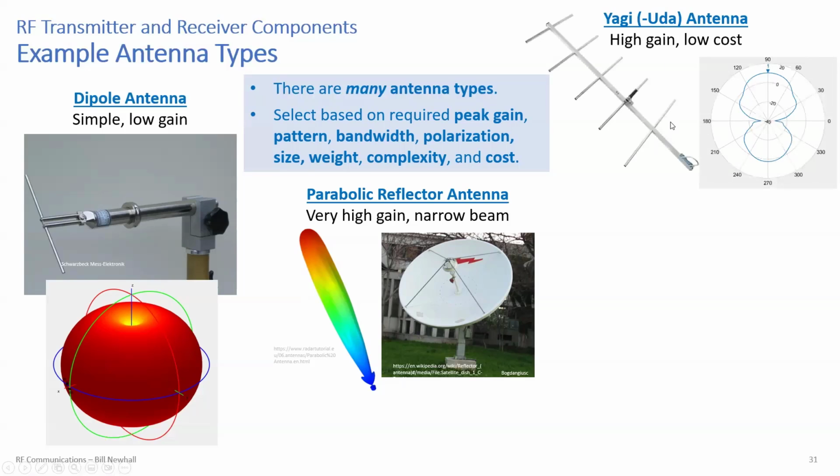These antennas have relatively high gain, in that sort of 8 to 10 dB up to 15 to 20 dB. They have varying numbers of elements, but that pattern looks something like this. You'll see these on some point-to-point links, some VHF communication antennas, UHF communication antennas, Wi-Fi antennas, where you have to get from a point to point.